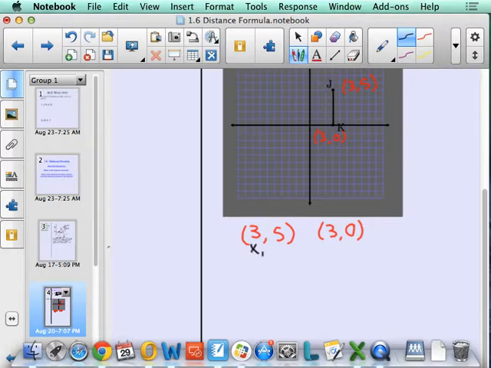So I can call this one x1, y1, and this one x2, y2. It doesn't matter which point you call x1, y1, and which one you call x2, y2. You will get the same answer either way. So what we're going to do is plug it into our distance formula. I'm going to write it out one more time so you can see where we're actually substituting in.